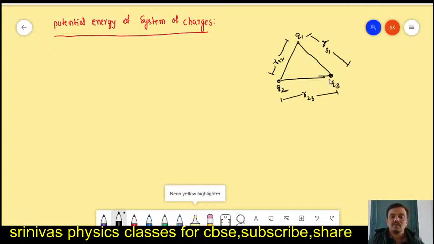For example, the Q3 charge is already here. We are moving the Q1 charge from infinite distance to some point here, and the Q2 charge also from infinite distance to here.